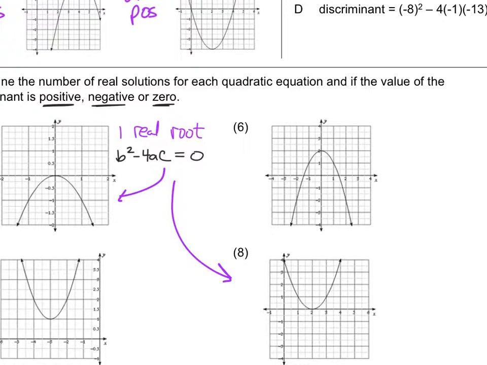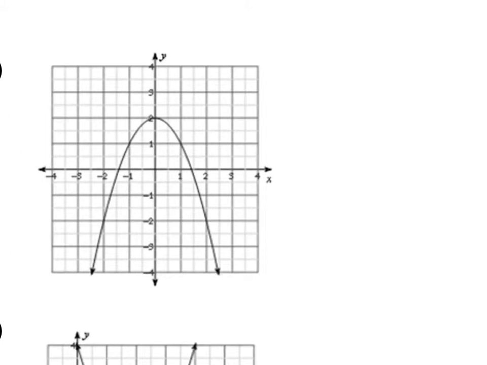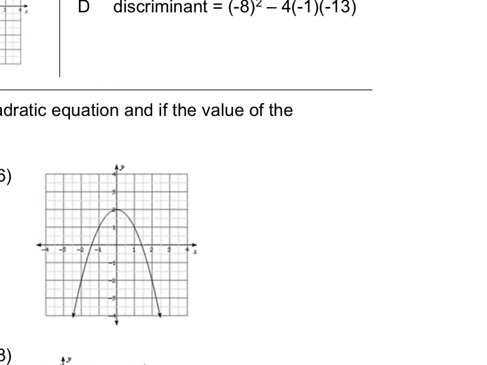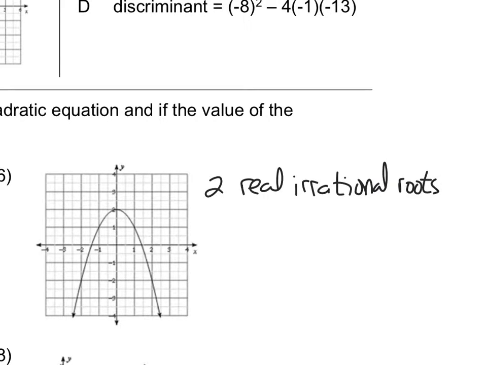Number 6, let's take a close look at that one. Does it look like it goes through those points cleanly? It's a smidge off, right? So we're looking at 2 real irrational roots. We're giving more than the question is asking for, I guess, but it's good practice.